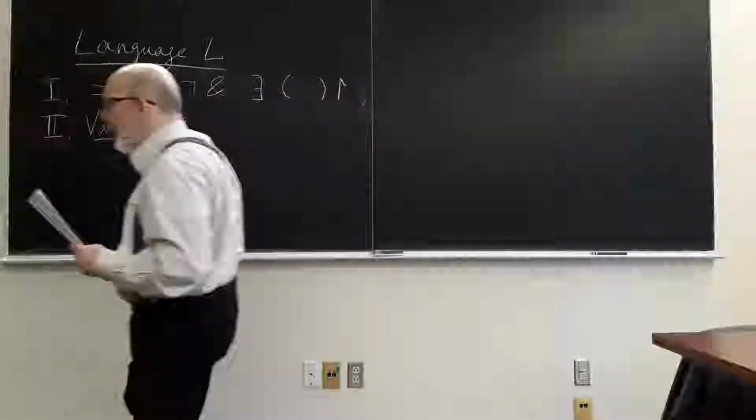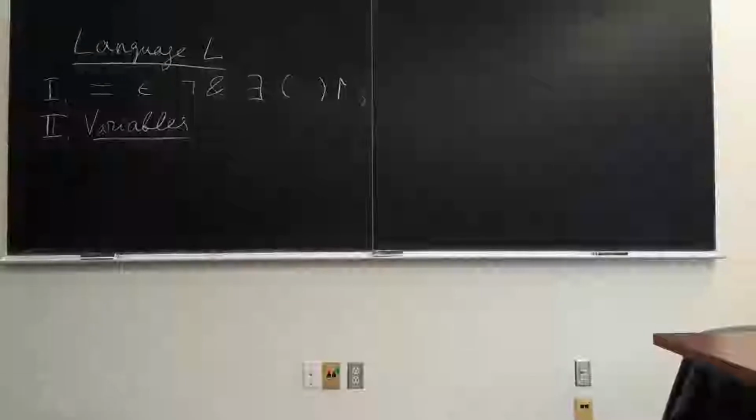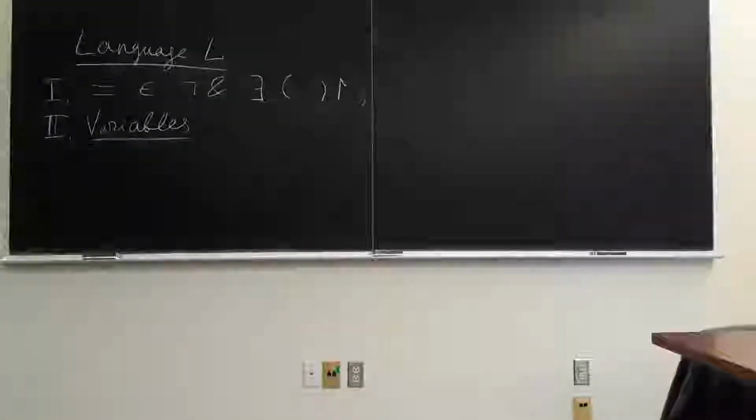So variables. We need just countable number of them because the formulas and expressions are finite, and we can have not more than countable set of these objects, so we don't need more than countable number of variables for the language.